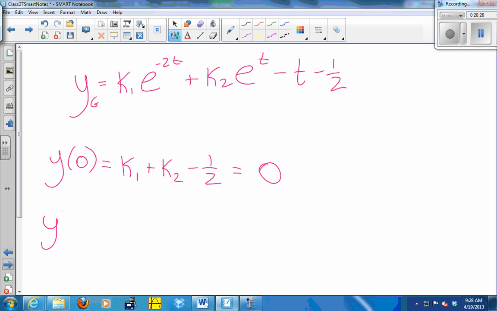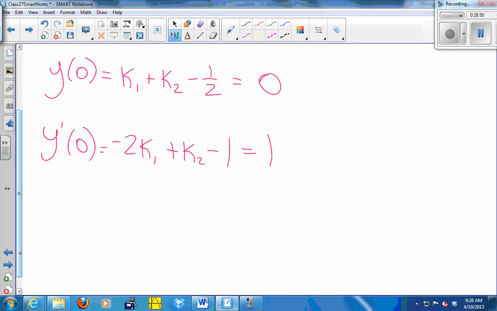And then y prime of 0, so I'm going to take y prime and plug in 0 at the same time here. So I get -2 k1 plus k2 and minus 1 equals 1.